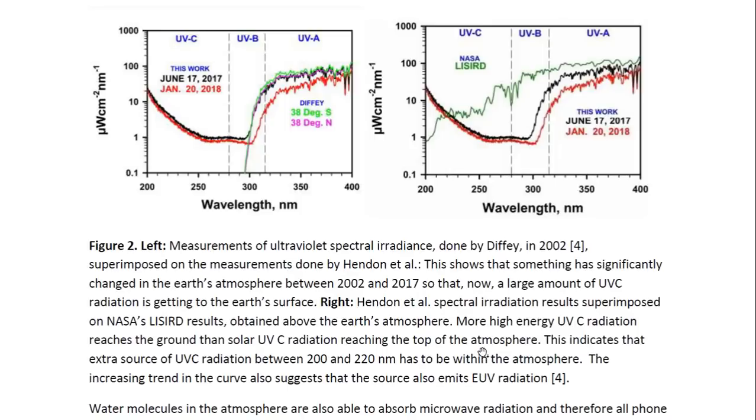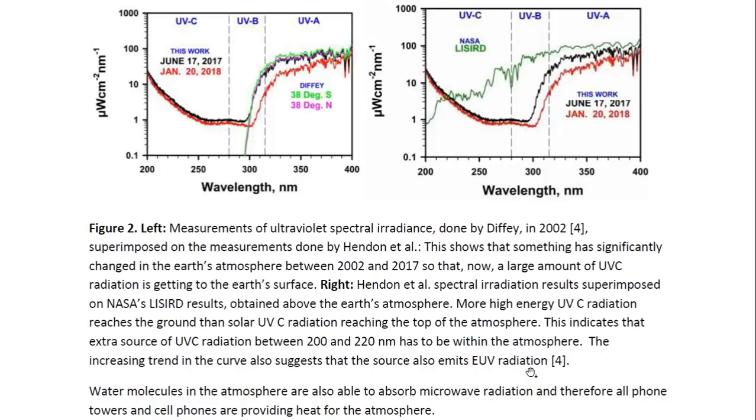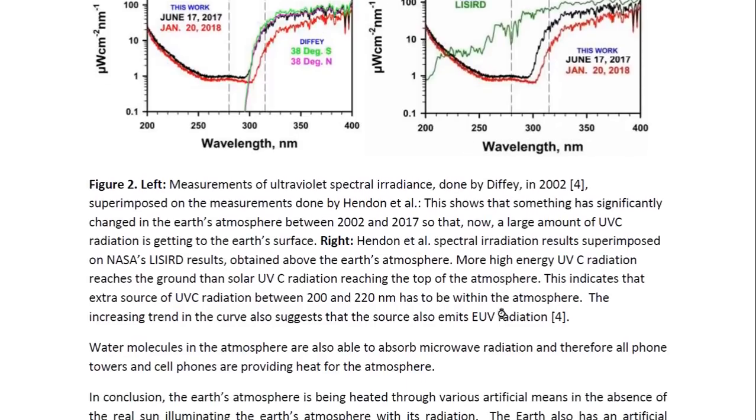So there is a source within the atmosphere, and the fact that the trend is increasing suggests that this source, in other words ultraviolet light lasers, is also a source of extreme ultraviolet radiation, because beyond UVC we're moving into extreme ultraviolet radiation, which is ionizing and extremely damaging.